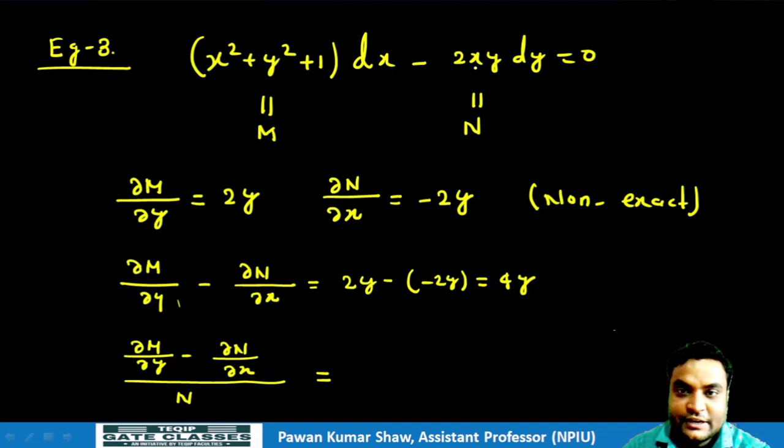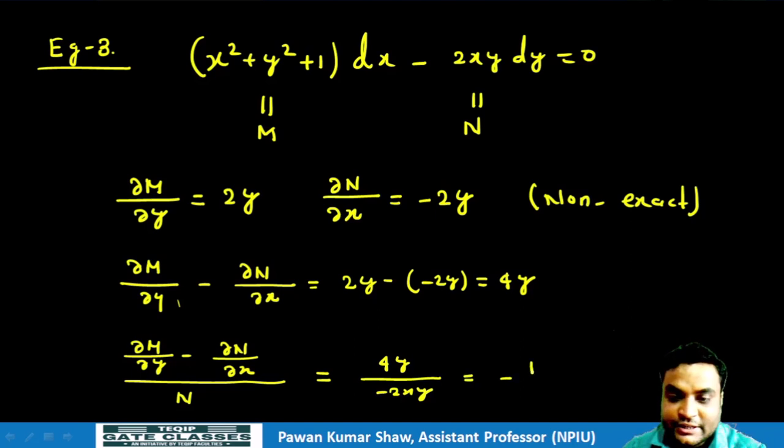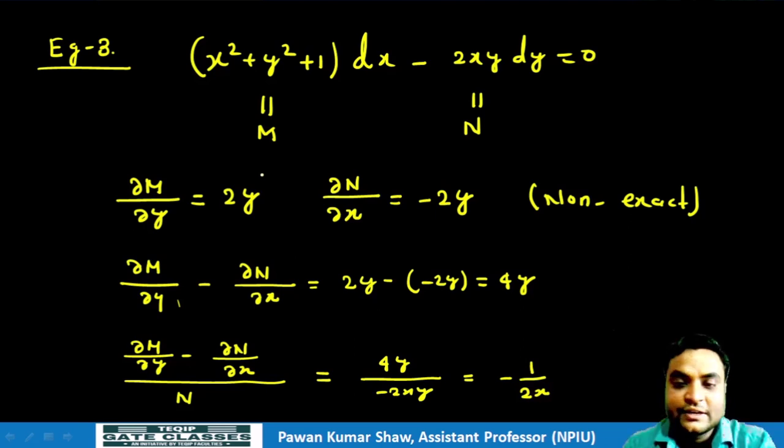Minus 2xy. So that is 4y divided by minus 2xy. So here we are getting a function of only x, which will be minus 1 by 2x. सो हमें ये decide करना होगा कि कौन सा term से हम divide करें ताकि हमारा function of x या function of y बने.